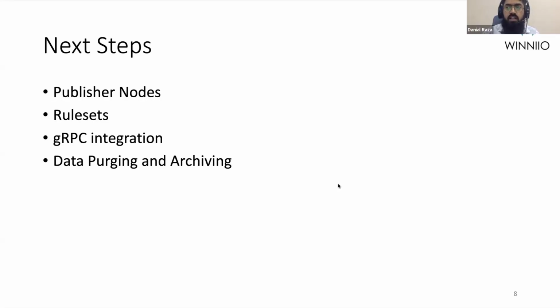EdgeLake and Anylog, both of them already support gRPC ingestion. So we have had discussions with them, and we are working towards implementing that in our system so that our packet sizes are more compressed, and we can further reduce our network usage.